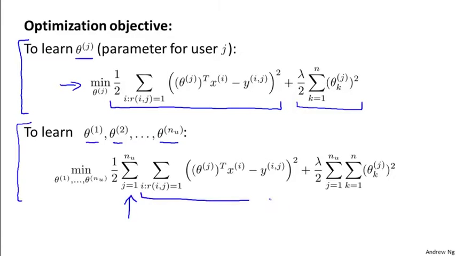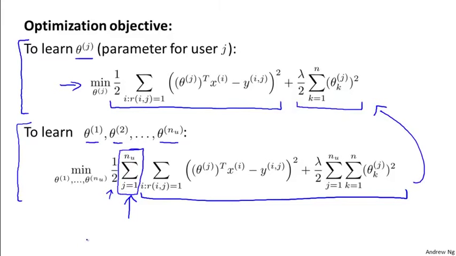This expression here with the 1/2 on top is exactly the same as what we had before, except that now, instead of just doing this for a specific user theta j, I'm going to sum my objective over all of my users and then minimize this overall cost function. When I minimize this as a function of theta 1, theta 2 up to theta n u, I will get a separate parameter vector for each user, and I can then use that to make predictions for all of my n subscript u users.